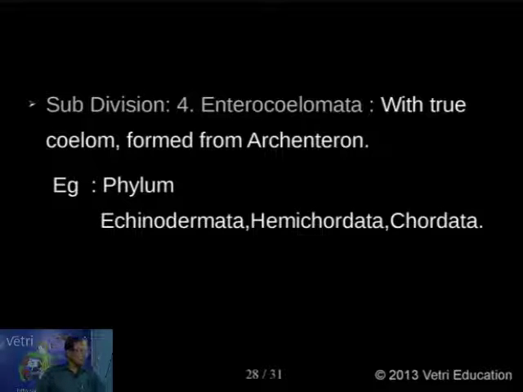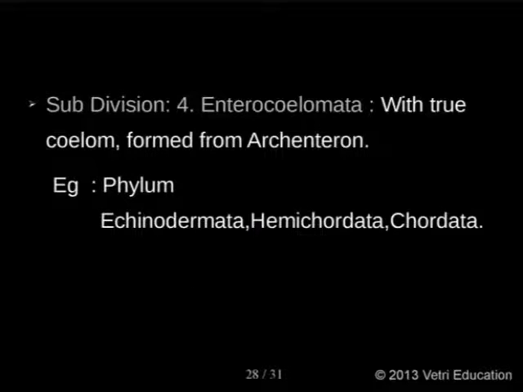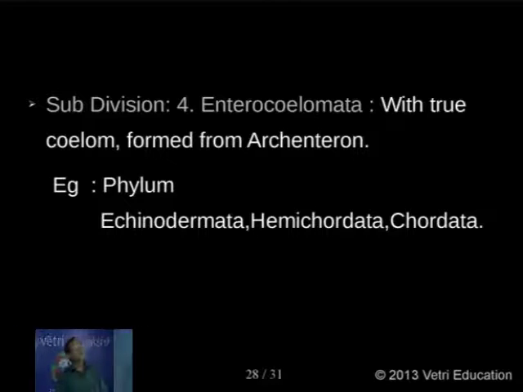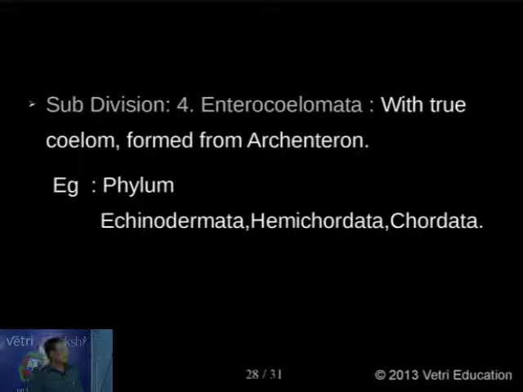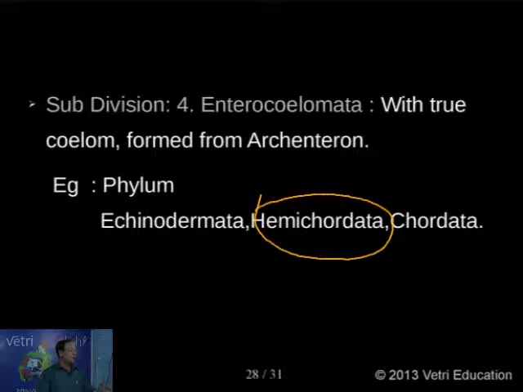It is actually acting as a connecting link between the Chordata and Echinodermata. That is why I put this one in between Echinodermata and Chordata, acting as a connecting link between the chordates and the non-chordates or the invertebrates.